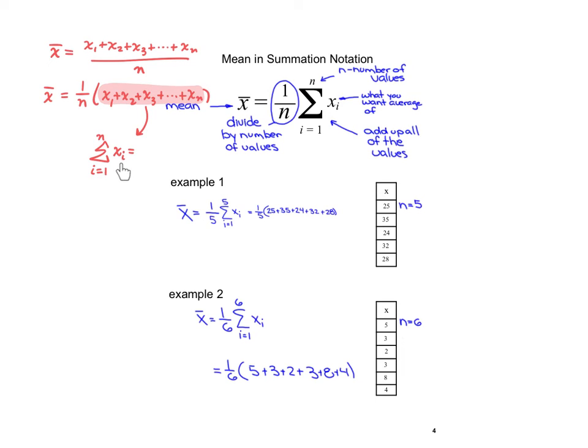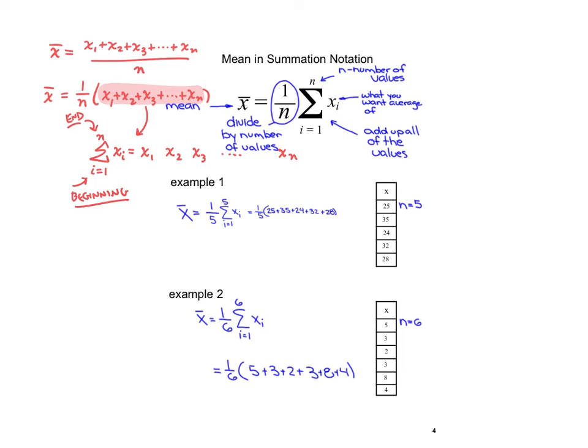I plug in a 1, and then I plug in a 2. Oops, I want to explain the plus in a second. Then I plug in a 3, and I continue this until I plug in the last term. So this is the end of the index. This is the beginning. I start at 1, and I go in numerical order all the way up to n.